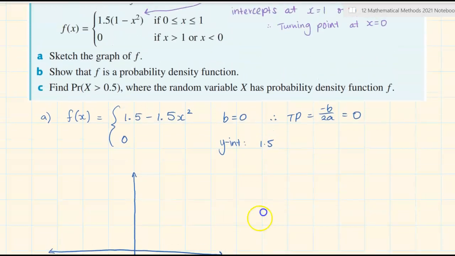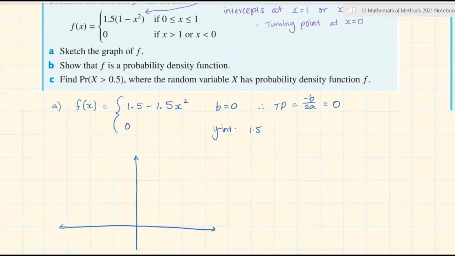Now it is piecewise, and it's saying that we're only following this graph when x is between 0 and 1. So we're going to go up to 1.5, and it's going to fall down to 1. The rest of the graph is going to be on the axis.